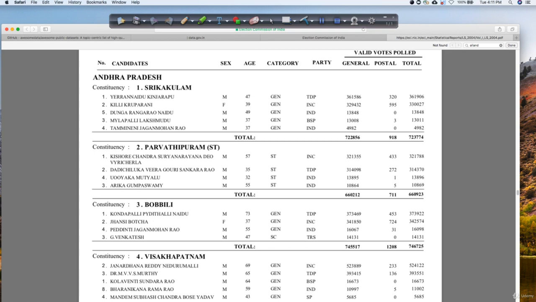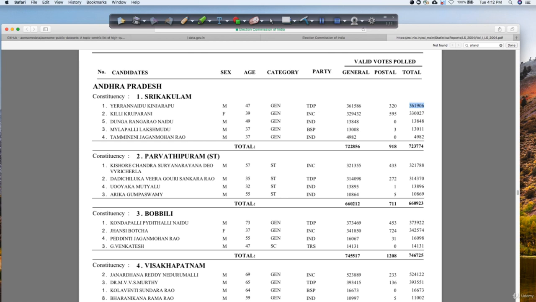This contains an overall report for the 2004 election, and it tells that there is a constituency called Srikakulam where this particular candidate stood. He was male and his age was 47. He belongs to the general category, and he got this many general votes, this many votes through post, and this is the total number of votes he received.